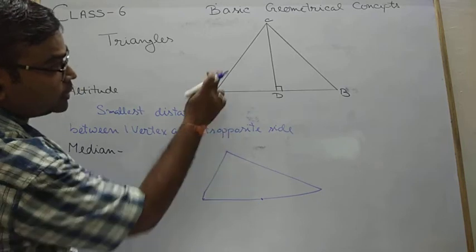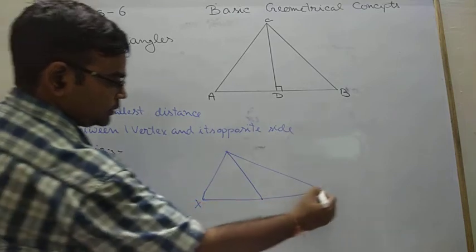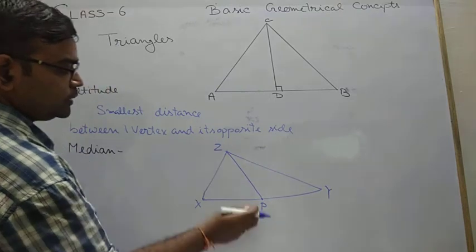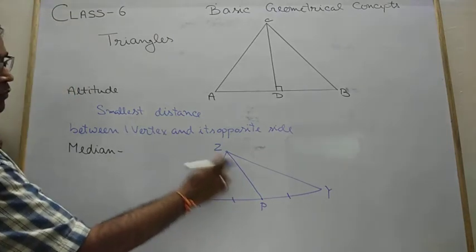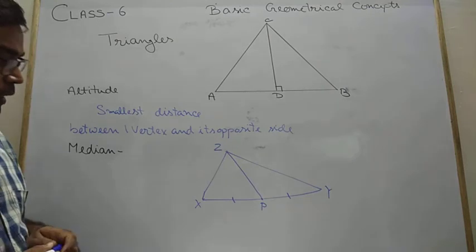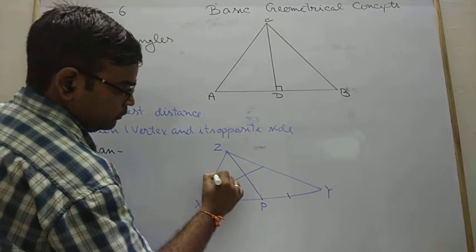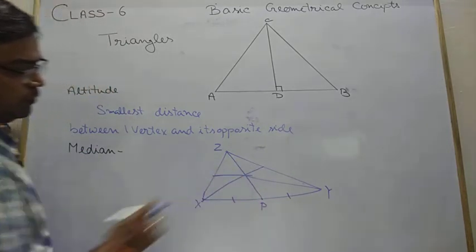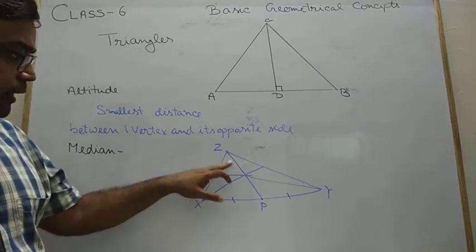This is not the smallest distance, but if we join these points, in figure XYZ, PZ is a median, because this side is equal to this side, and from this vertex we join this point. Similarly, on this side we have a median, and on this side we have a median. I drew it roughly so the figure does not look perfect, but okay, this is your median.